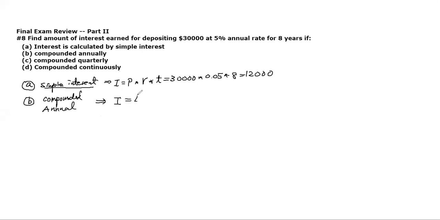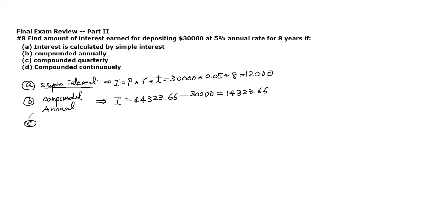So this will be 44323.66, minus how much you deposited in the beginning, 30,000. So you will get your interest of around $14,323.66. So you use your future value minus your present value, that means minus how much you deposit. So this is the extra money you're going to get at the end of 8 years. That's why it's your interest.